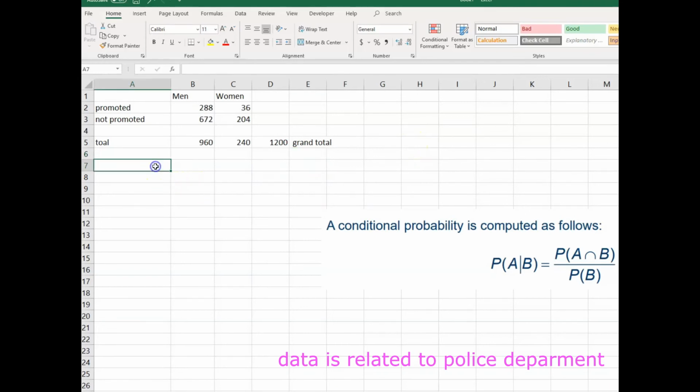So let's treat B as being a man, and A as getting promoted.